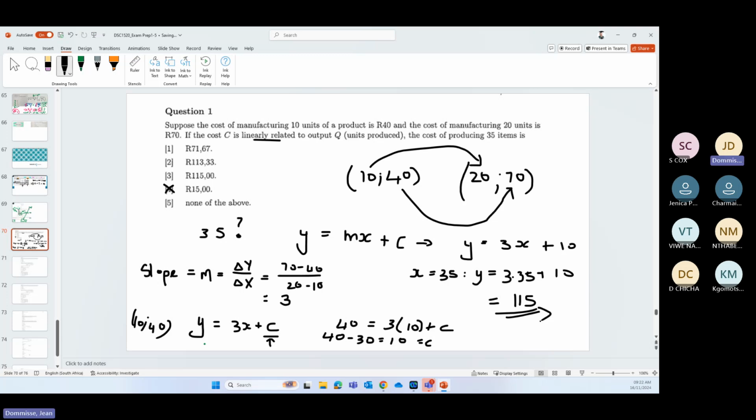Okay, so the way they normally ask this question is they would normally give you points 10 and 40 and 20 and 70, and then they will say write out the formula or write out the regression equation.